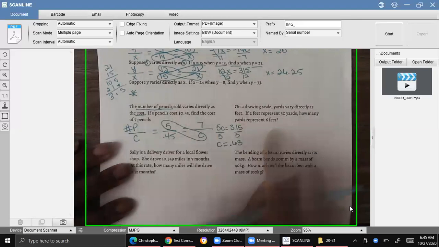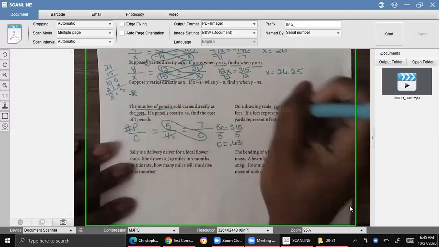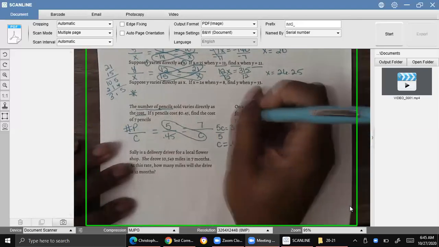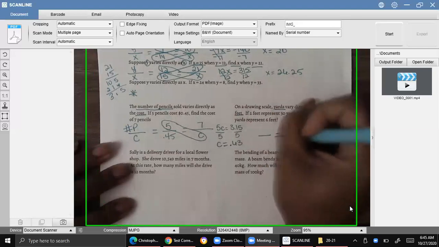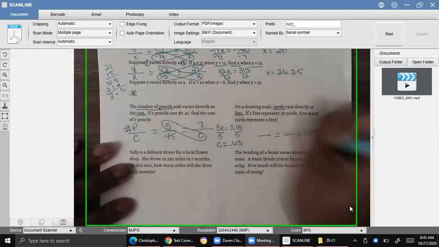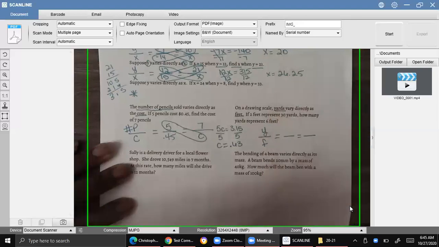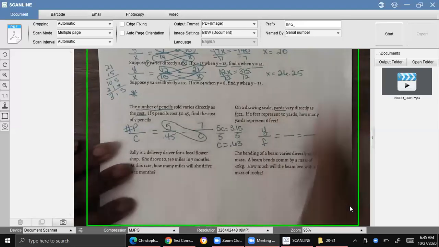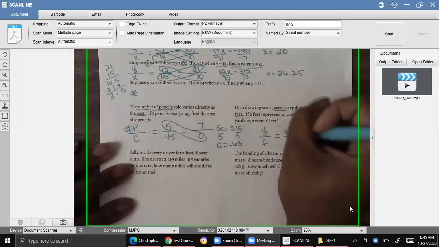Going over here, on a drawing scale, yards varies directly as feet. So set up my triple proportion. I have yards and I have feet. If 2 feet, feet is on the bottom, so I'll put 2 down here, represents 30 yards.